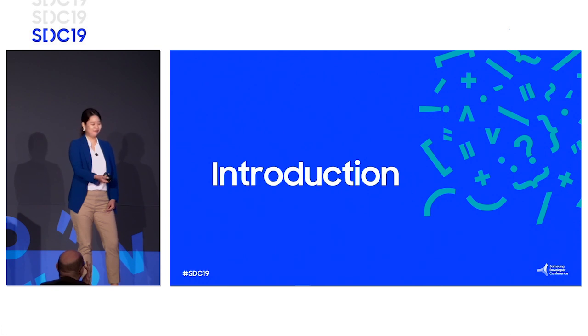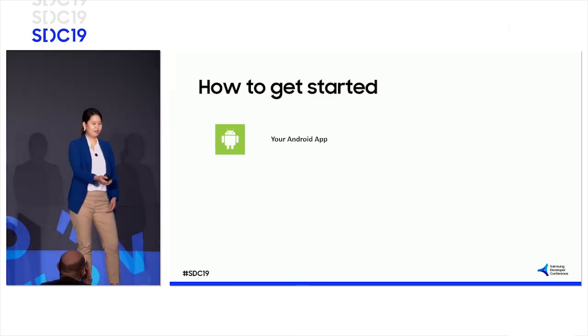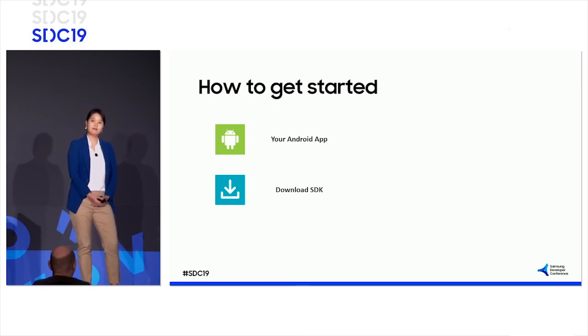Let's begin. How to get started to build your DApp? First, you need your Android application. Please note that Samsung Blockchain Platform SDK is designed for Android native apps for now. Then, download the SDK from Samsung developer's site.